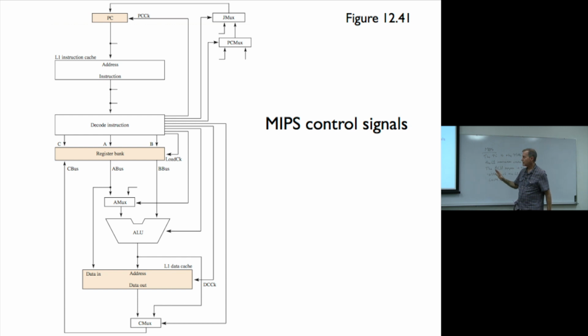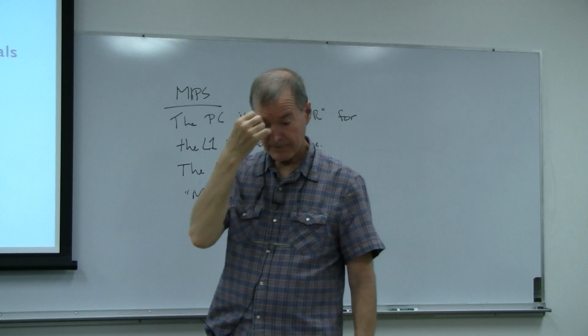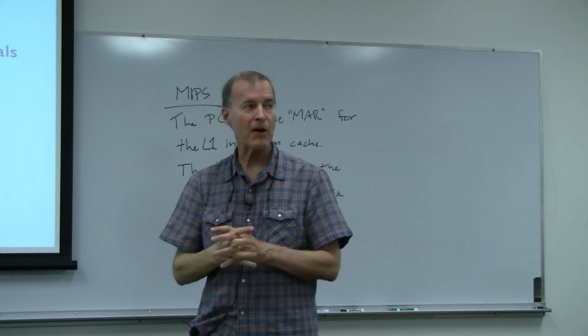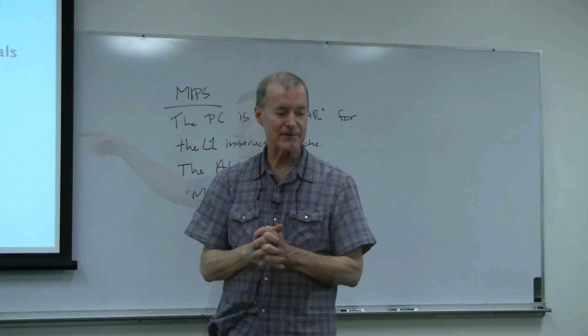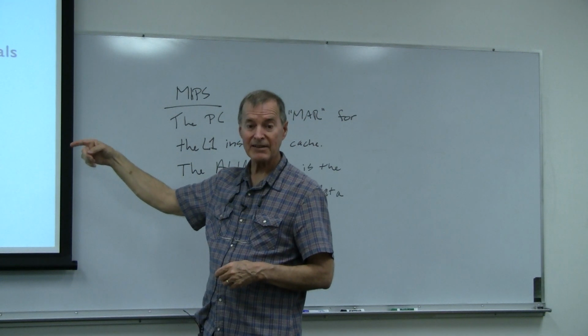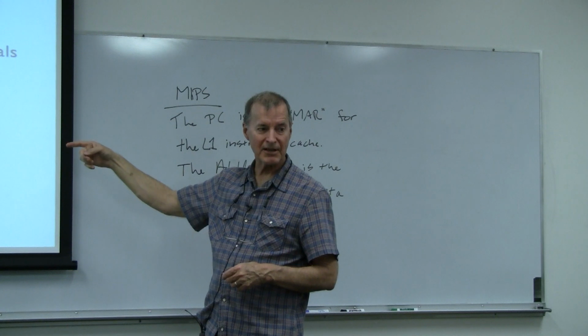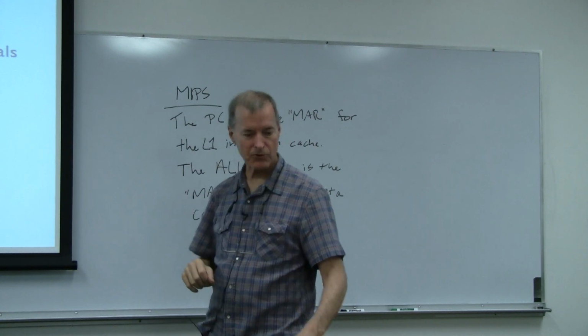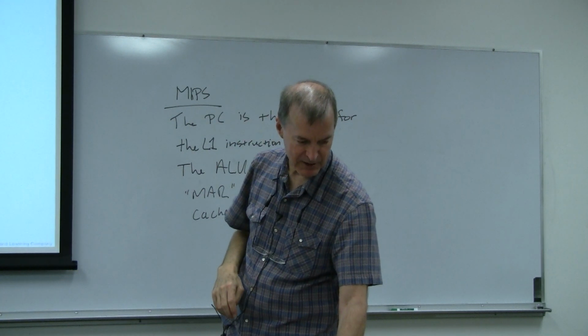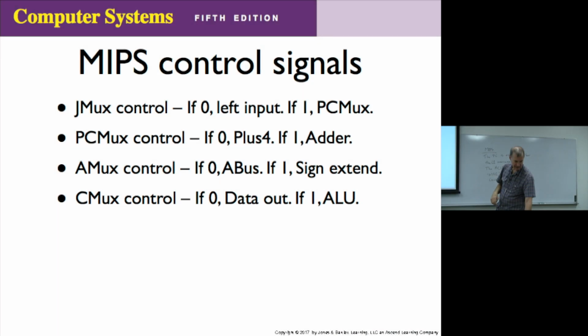But the main thing to understand, the main thing to visualize, is that the decode instruction box is combinational. The output depends only on the input. Now what we're going to be able to do is manipulate these control signals. And what control signals do we have to manipulate? We have JMUX control, PCMUX control, AMUX control, CMUX control.